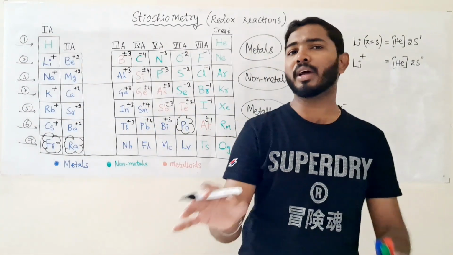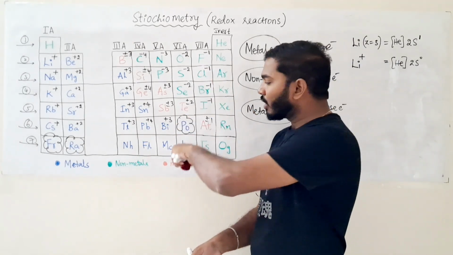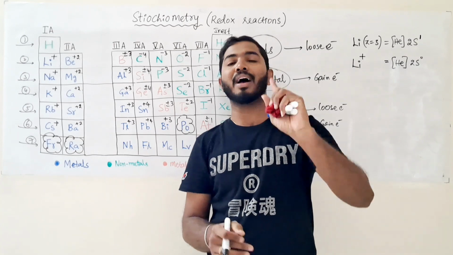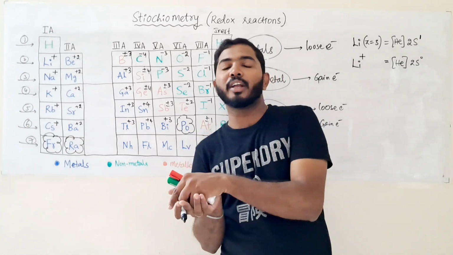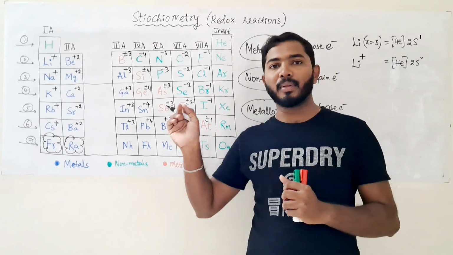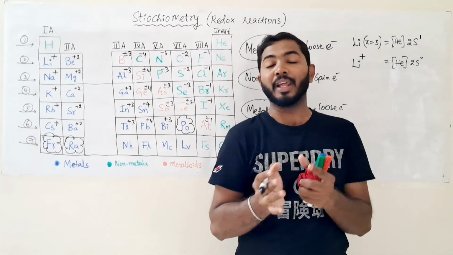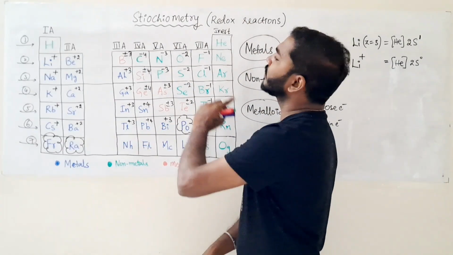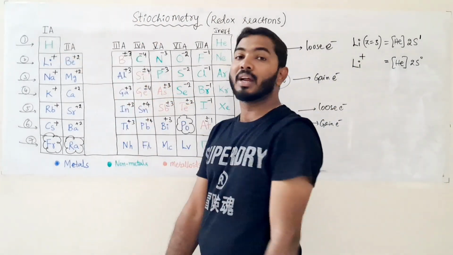Why ±1? I hope you understood. When the metalloid is showing most of the metallic characteristics, then it will have a positive charge. When the metalloid is showing most of the non-metallic characteristics, it is going to show a negative charge. Now I have given charges for almost all the elements. I didn't give them for hydrogen.